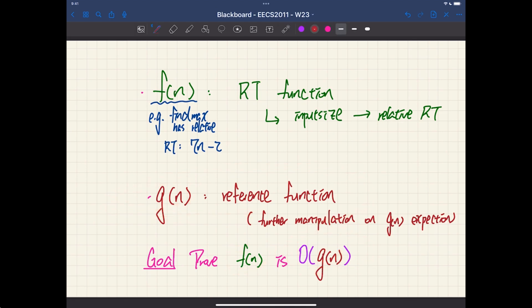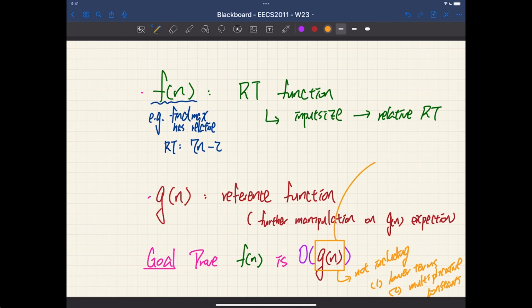One more thing, which is also mentioned as a common tip later in the slides. Usually, when you write a big O notation, g of n does not include lower terms and does not include a multiplicative constant.